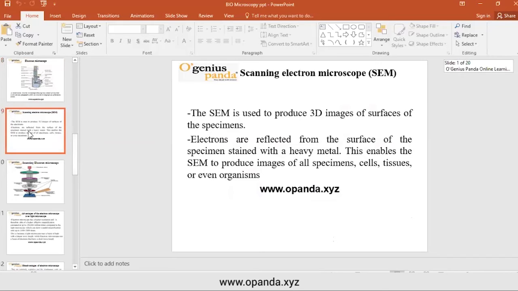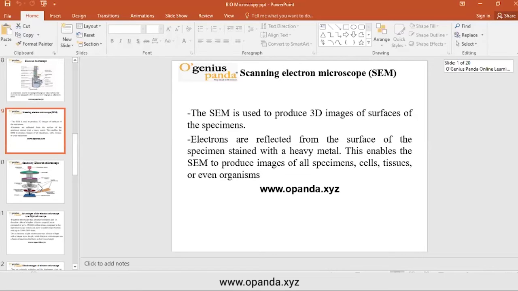I'll continue with the electron microscope. The scanning electron microscope is used to produce images of surfaces of specimens. Electrons are reflected from the surface of the specimen stained with a heavy metal, and this enables the scanning electron microscope to produce images of whole specimens, cells, tissues, or even organisms.